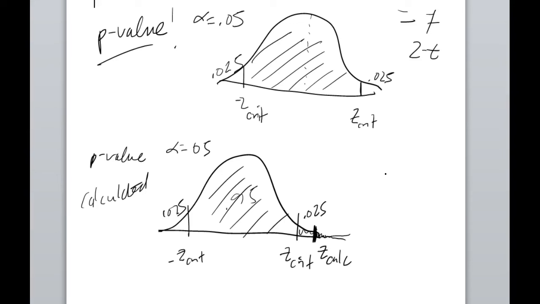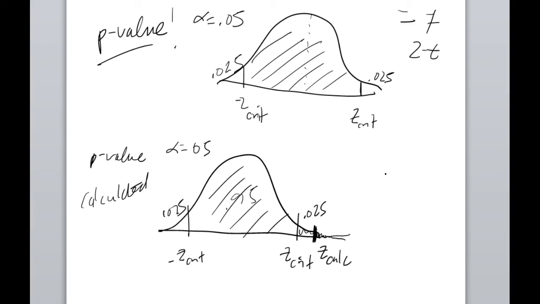Okay, so that's why in a case where you run a hypothesis test and you have a z value that vastly surpasses its critical value, it could be greater than a positive z crit, or far less than a negative z crit, you're going to see a p-value that is a very, very small number, right?